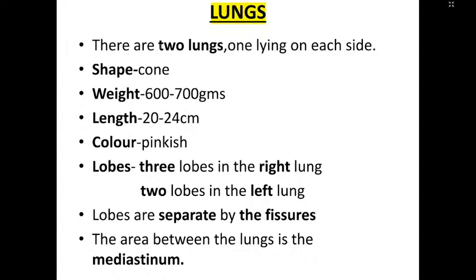The right lung has a horizontal fissure separating superior from middle lobe, and an oblique fissure separating middle from inferior. The weight is around 600 to 700 grams, it is a cone shaped structure, the length is around 20 to 24 centimeter, and its color is usually pinkish if you are healthy.